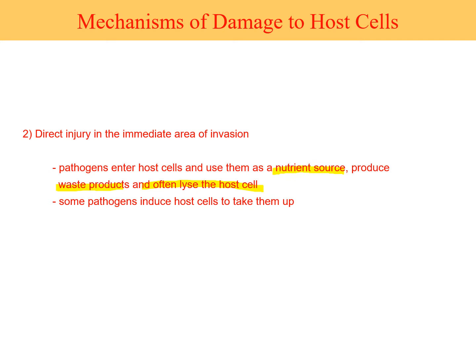Some pathogens do something quite different. They will induce the host cells to take them up and are safe within the cell, so they can remain safely inside the cell itself, hiding from the defense mechanisms of the host, and multiply within those cells without lysing.